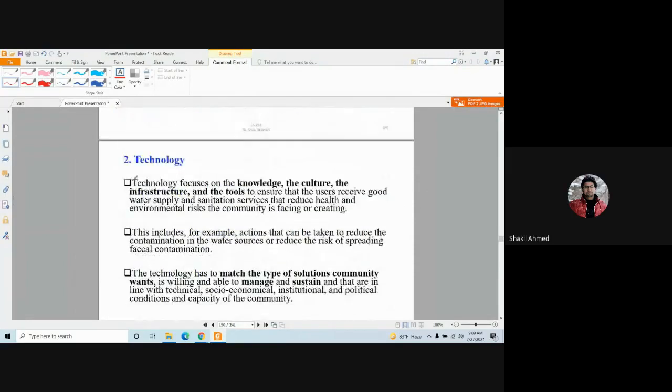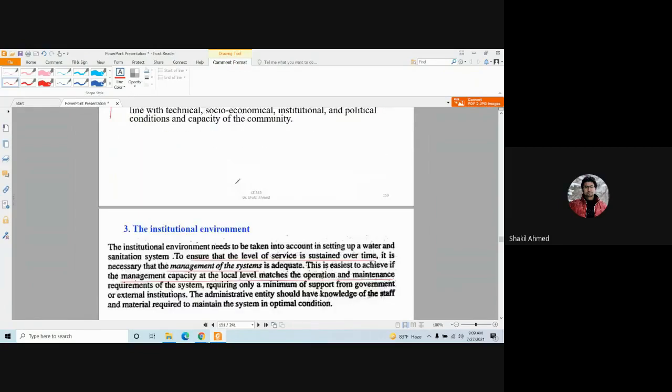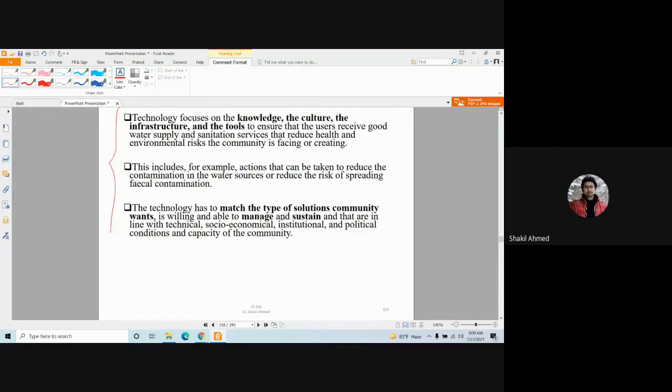And then technology, as I told you, needs to meet the demand of the community, their expectations. It needs to be at such a level that it matches the technical, socio-economical, institutional, and political conditions and capacity of the community.